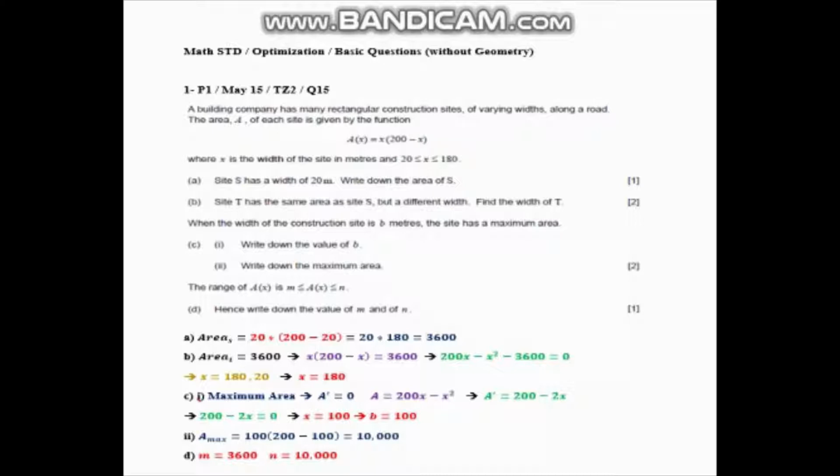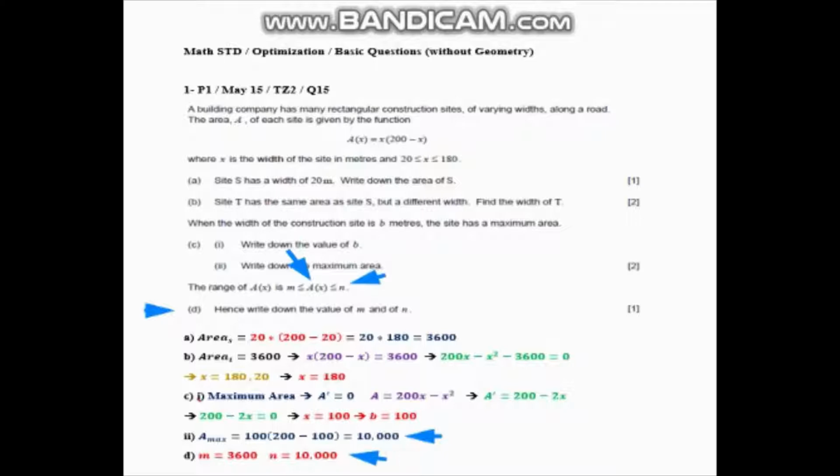Finally, in question D, I'm required to write down the value of m and of n, which are the limits of the area. So the minimum value of the area and the maximum value of the area. So we already know that the maximum value of the area is 10,000, which we found in CII. Hence, n equals 10,000.